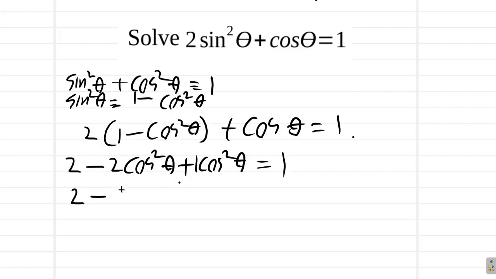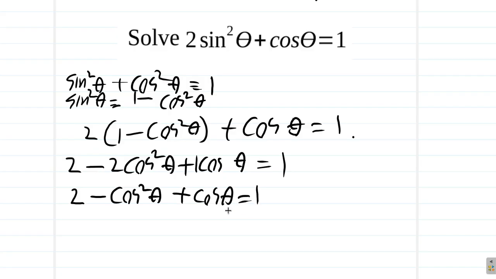So I have 2 minus 2 cos squared theta plus cos theta is equal to 1.